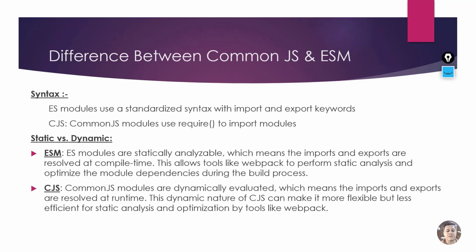Okay, and how is CJS different? CJS is dynamically evaluated, which means imports and exports are resolved at runtime. The dynamic nature of CJS can make it more flexible but less efficient for static analysis.